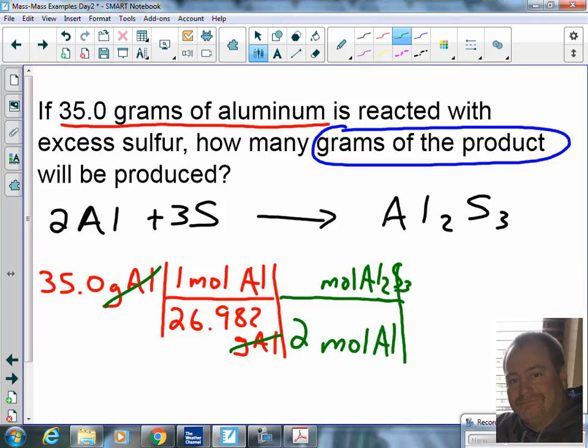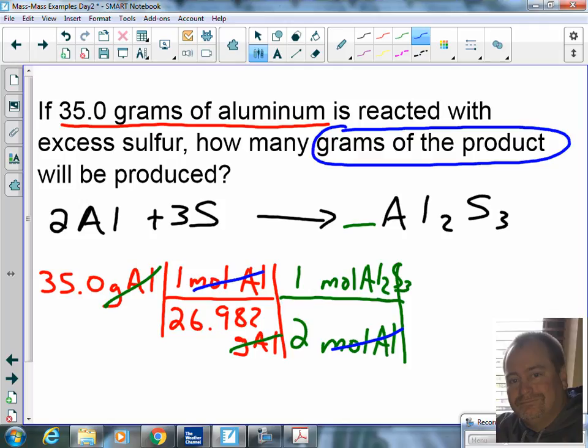And what is my number associated with that? 1. Do I get a cancellation on my units? Yes, I do. So, what have I converted this to right now? Let's stop right here. What will my label be? Moles of aluminum sulfide, right?